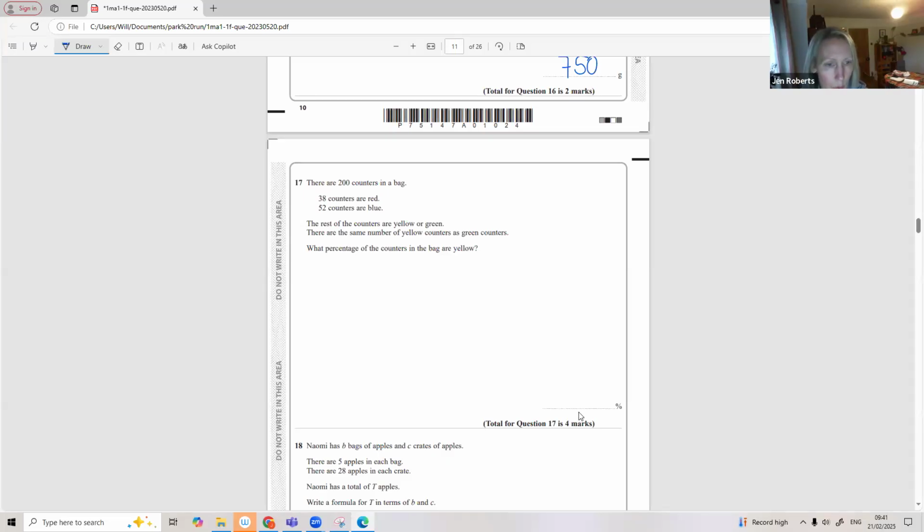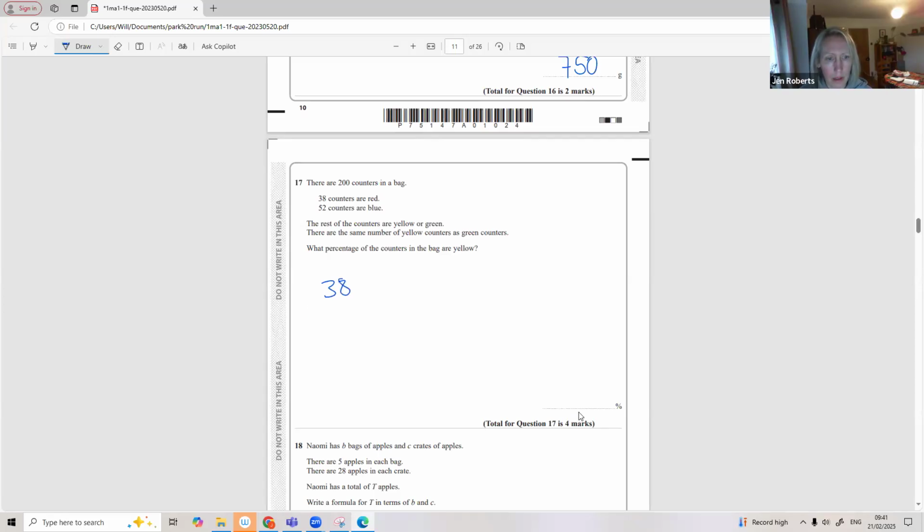Okay, so the next one. 200 counters in the bag, 38 counters are red, 52 counters are blue. The rest of the counters are yellow or green. There are the same number of yellow counters as green counters. What percentage of the counters in the bag are yellow? Well, how many are red or blue, first of all?